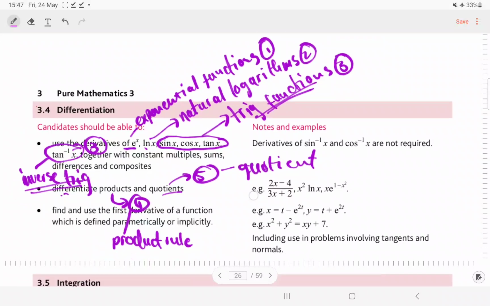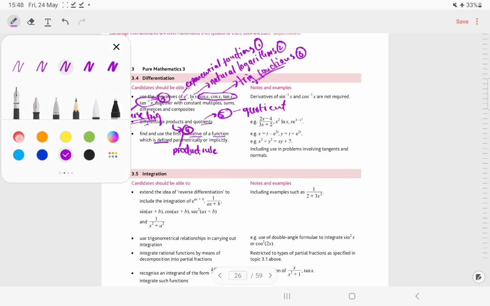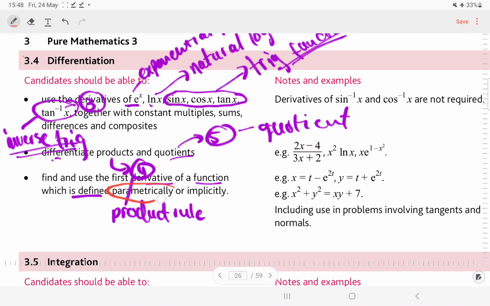Number 6 would be, look here, find and use the derivative of a function which is defined, I'm going to change the crayon, let's choose red, which is defined, and they say parametrically. So we are going to have to know parametric differentiation, and then implicitly, we will have to know implicit differentiation.